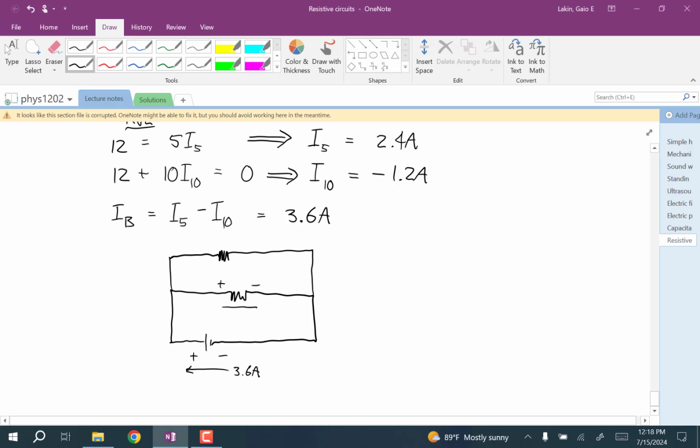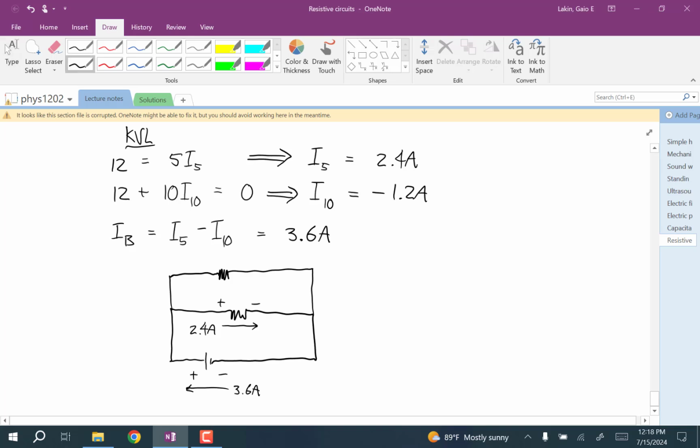This one, we guessed correctly the direction, and that current is 2.4 amps. The voltage is 5 times 2.4, which is 12.